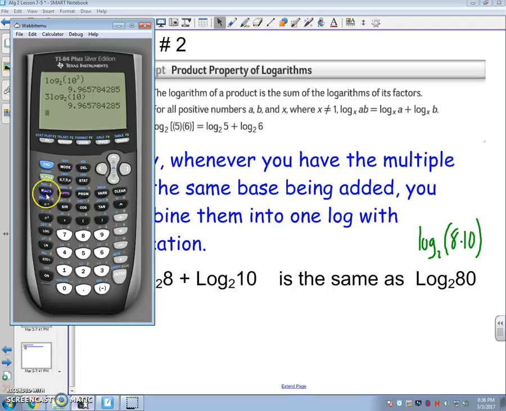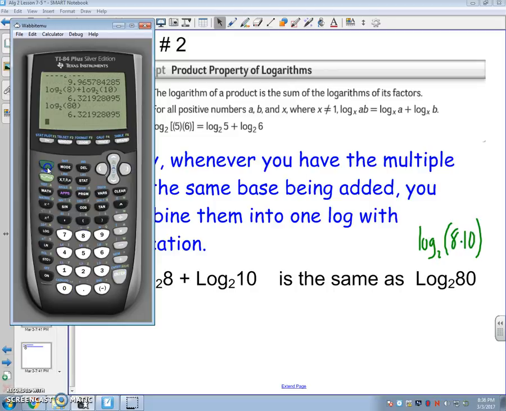So again, log base 2 of 8 plus log base 2 of 10 gives me that decimal approximation. If I try log base 2 of 80, I get the same thing.